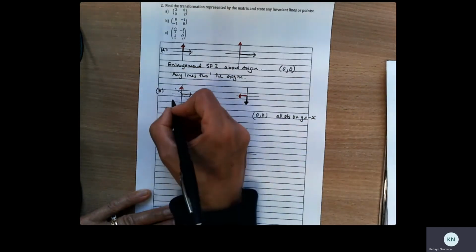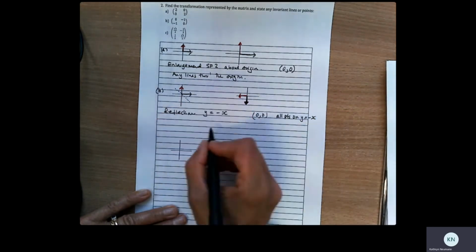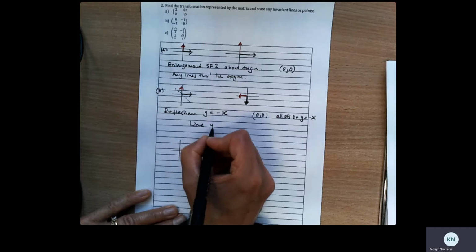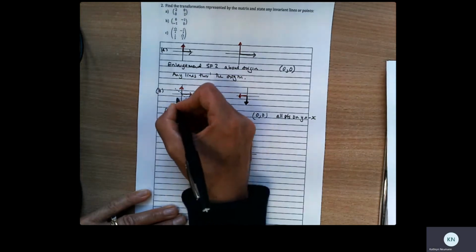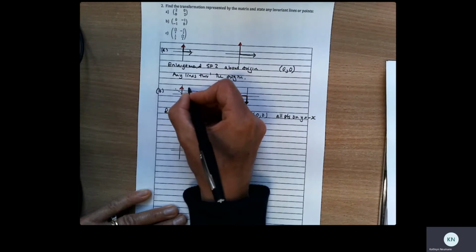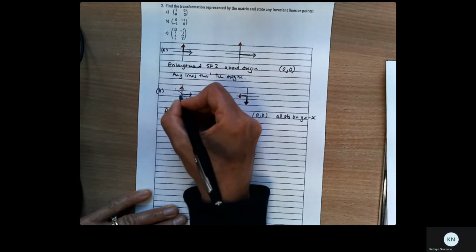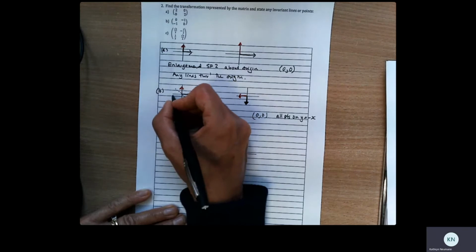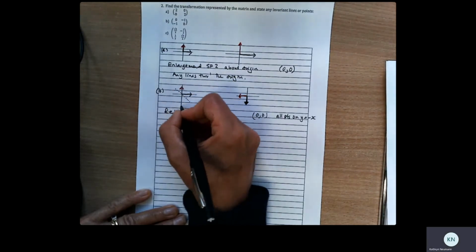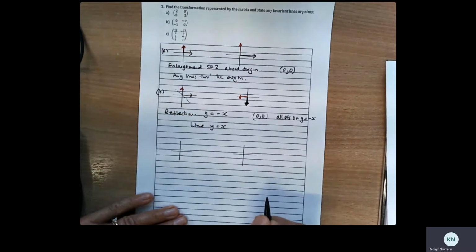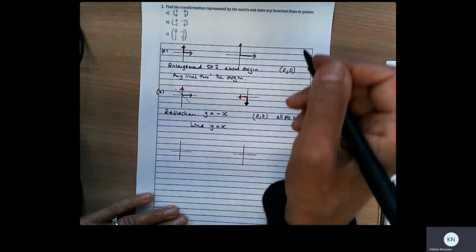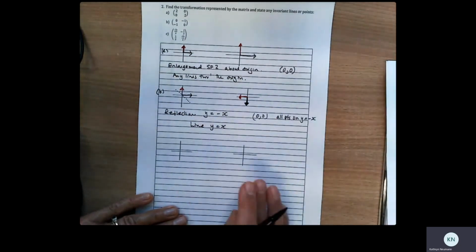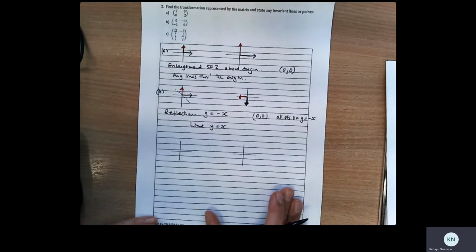But there's another invariant line, because the line y equals x, which goes here, will be invariant because it will fold over onto itself. And in fact, any lines that are perpendicular to the mirror line will map onto themselves. You wouldn't be asked in an exam question something as vague as this. They will be more specific than that, but it's just good to think about which lines are staying the same.